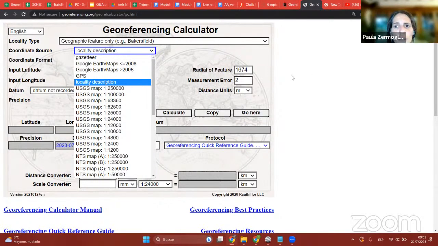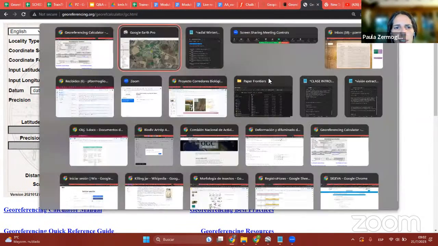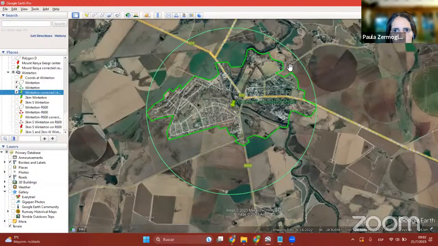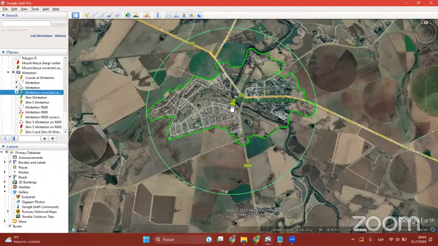I did not use GeoPic for the coordinates. What I did was find here, I found the town. I made the polygon around it. I drew the circle, and I found the center of that minimum circle. And from there, I get the coordinates. Then Google Earth. Exactly.